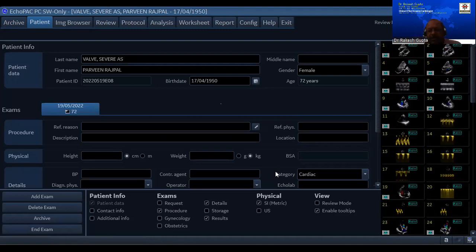Sir, good evening. Good evening. Tell me features for aortic stenosis. Sir, in aortic stenosis also we will get the thickening of the cusps and their motion will be less. Then we will measure the aortic valve area. Then we can measure the gradient. Okay, let's go one by one. Thickening would be seen in which view? Mitral, plax, apical? Sir, in plax we can see. Plax view, okay.